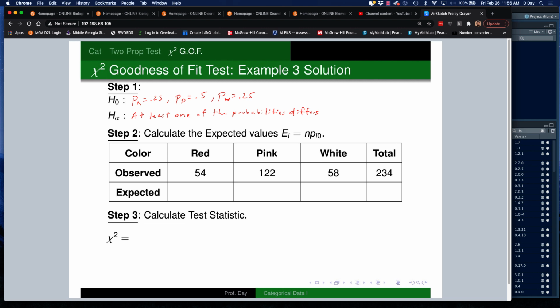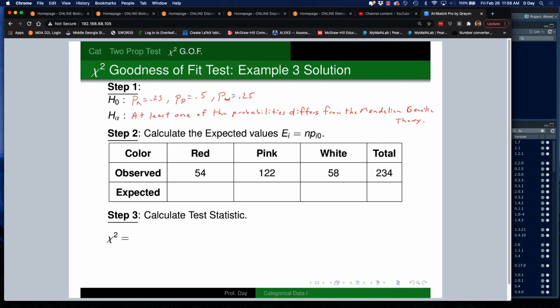You biology people might know how to pronounce that better than I do. All right, so that's it.